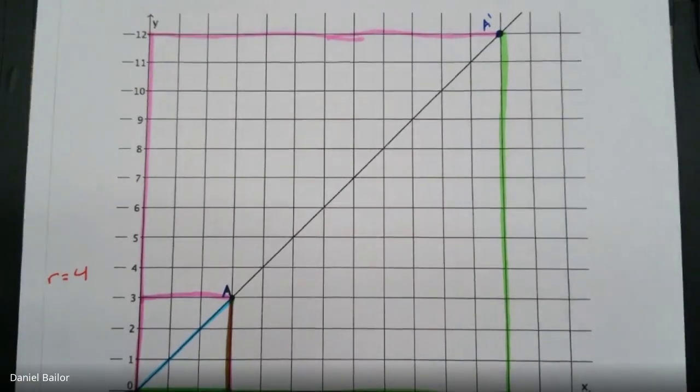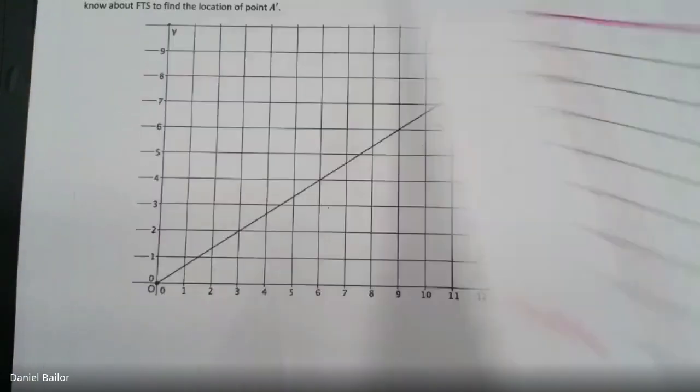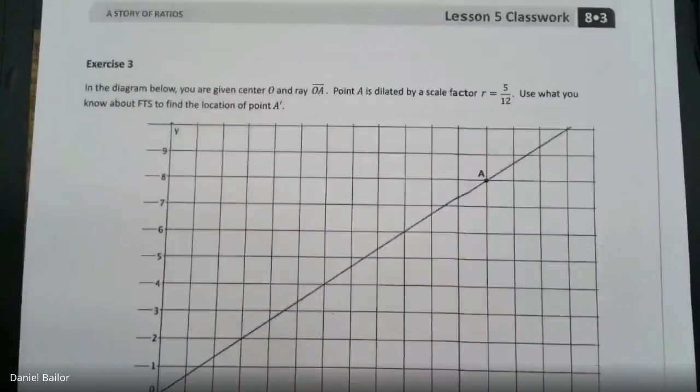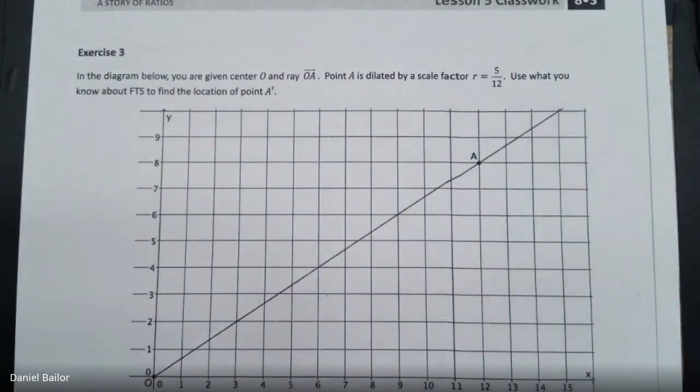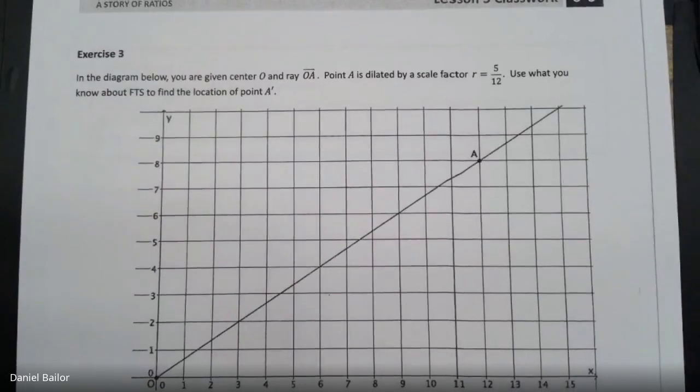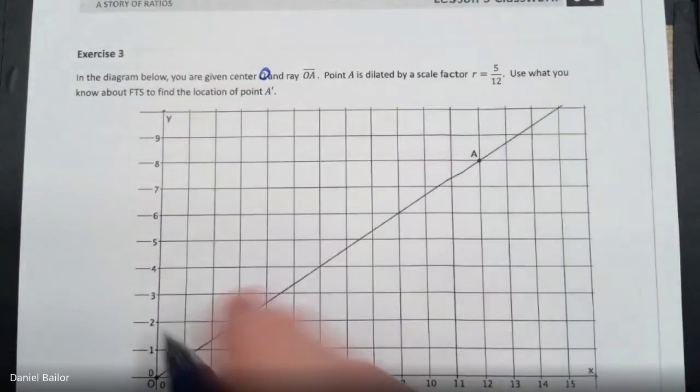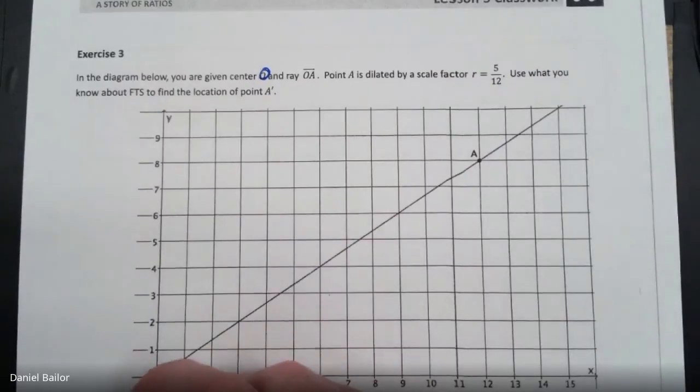Let's look at another example. Go to page 51, exercise 3. This is our last example we're going to look at. And this one is actually going to be with a fraction scale factor. Because if you look, it says in the diagram below, you are given center O. So the center, let's find it, is at the origin.